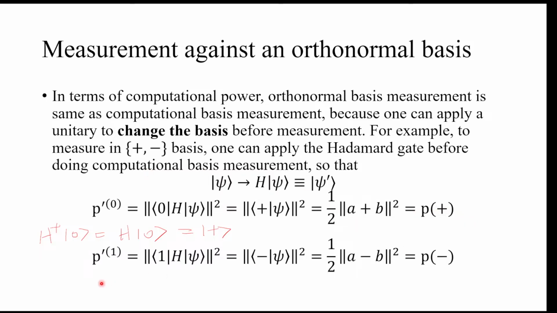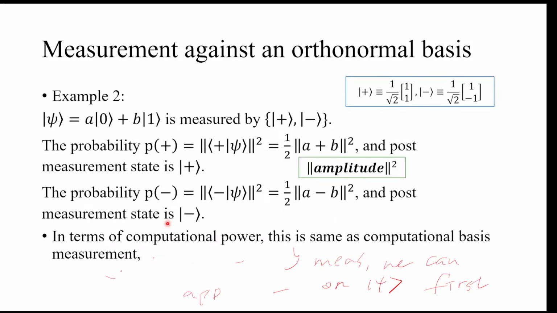Also, measuring this gives the probability of getting the other outcome. Similarly, it is the inner product of bra 1 Hadamard with psi, which is bra minus with psi, and it's similarly this probability p minus.